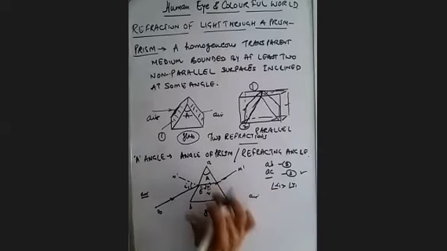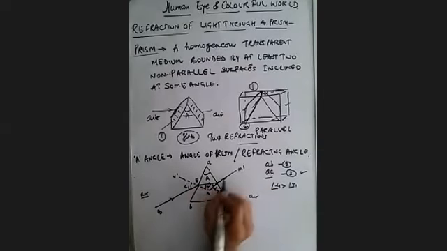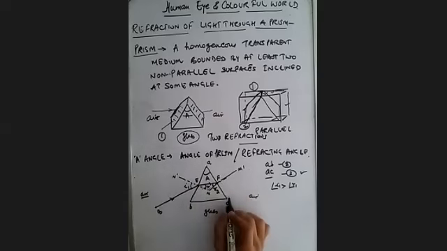Let us call this R2. So this ray ES is incident at surface AC, and it is making an angle R2 with the normal to this surface. So this is the angle of incidence.